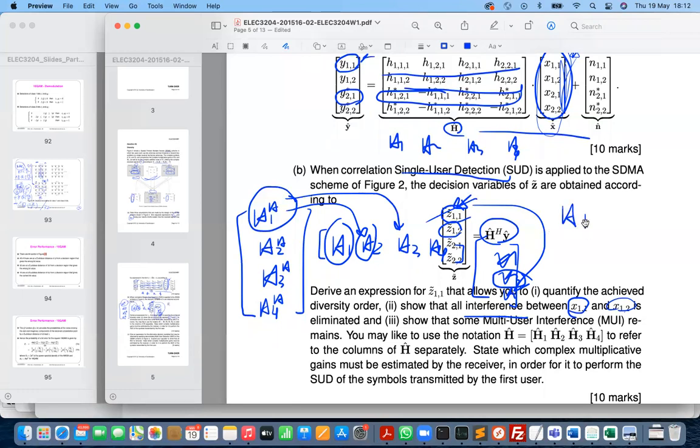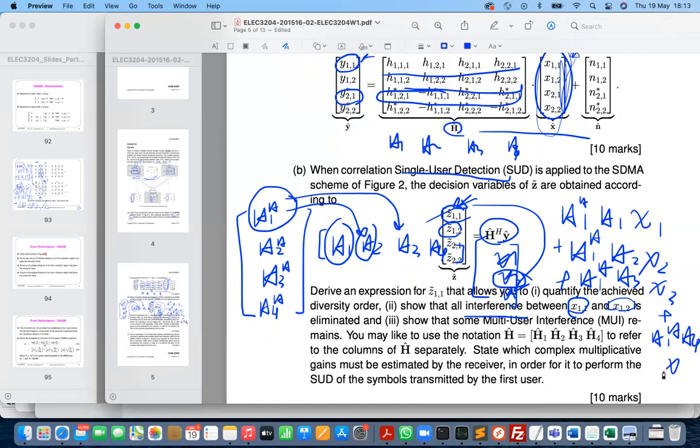What we need to show is H1 Hermitian multiply H1 x1, and the second term plus H1 Hermitian H2 x2, and then you have the third term H1 Hermitian H3 x3, and then the fourth term H1 Hermitian H4 multiply x4.